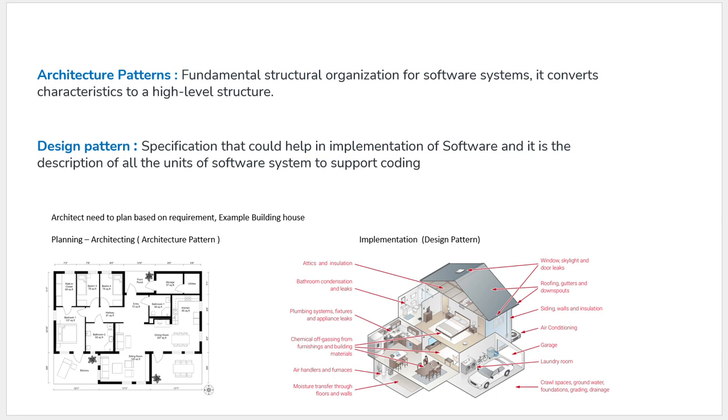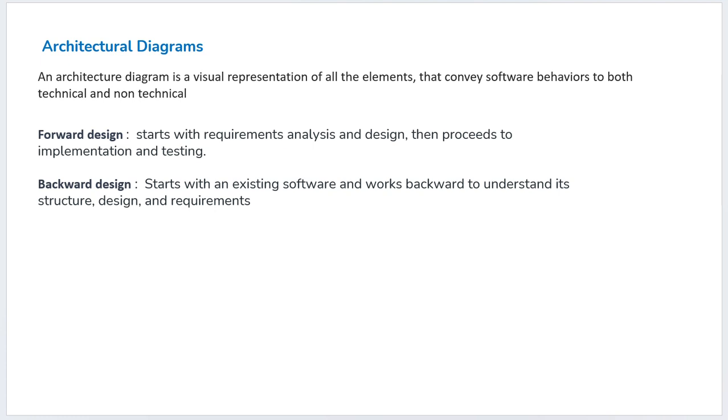Let's say we know the planning. Now we need to draw the flow: what comes first and what comes next. This is also very important. To understand the flow, first of all we have to understand how to draw that flow, so we need to learn architectural diagrams.